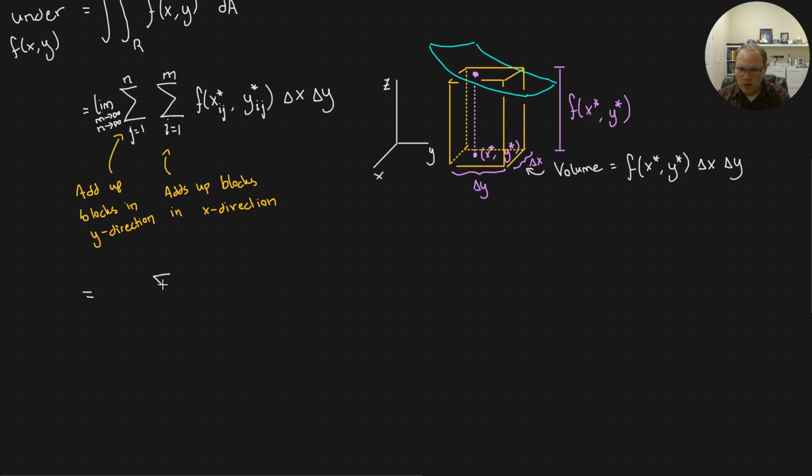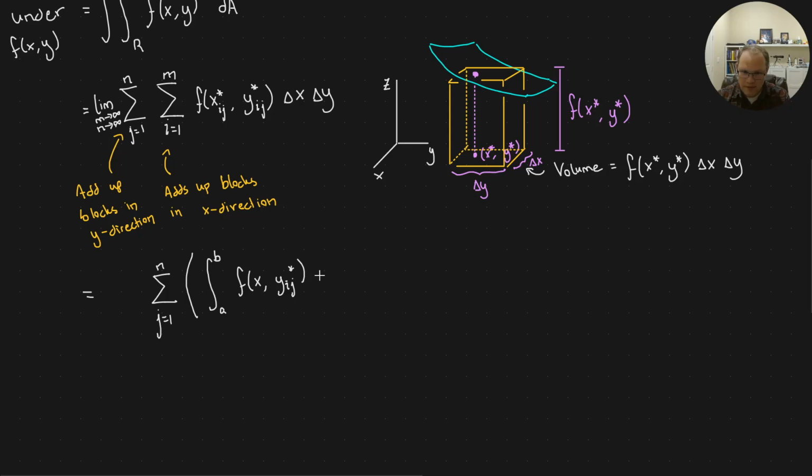So I'm going to leave the outer summation, but the inner summation is going to become a single variable integral with respect to x. So I'm going to integrate from, say, a to b, f of x, y_j star.